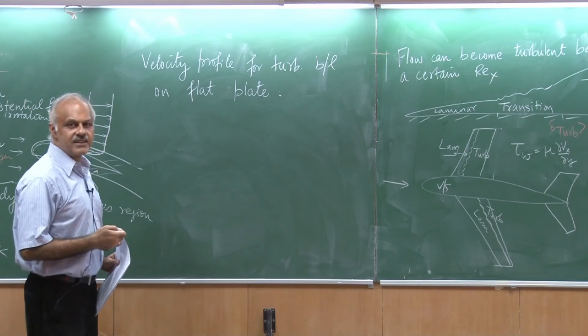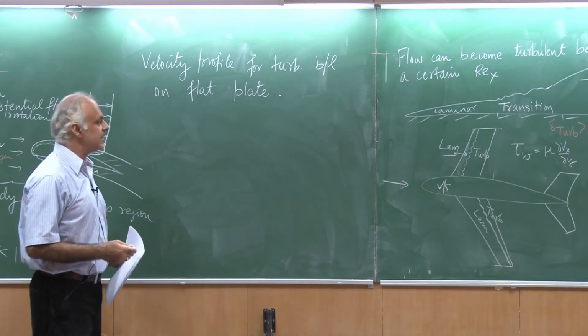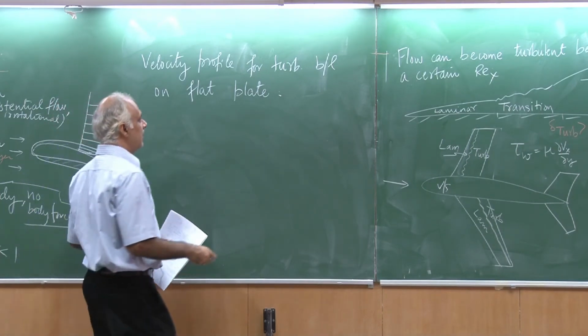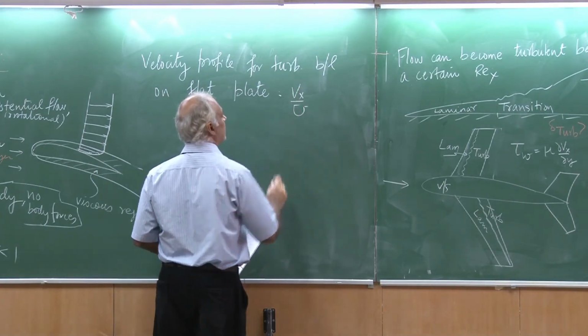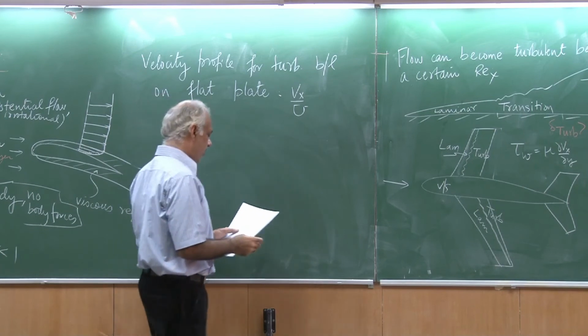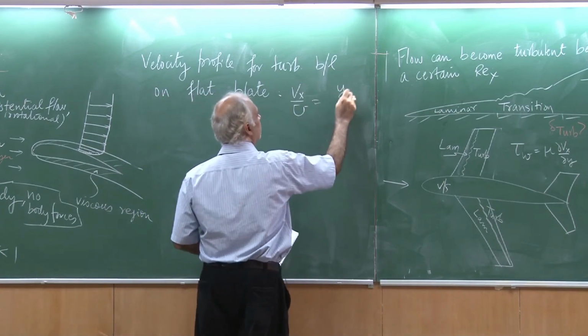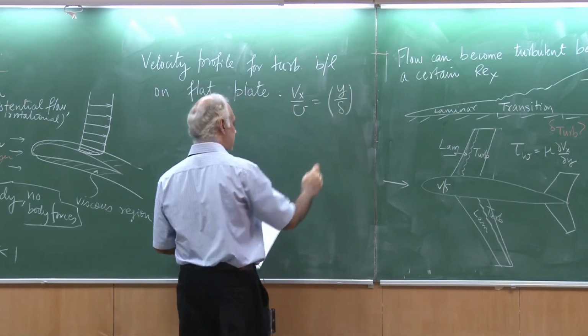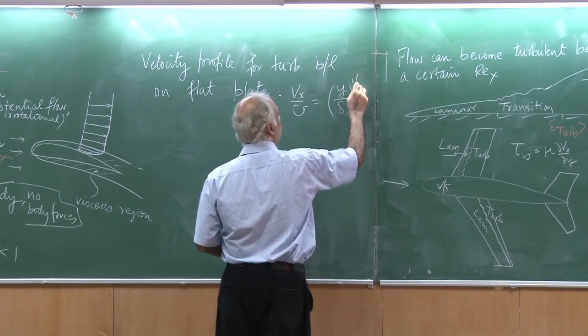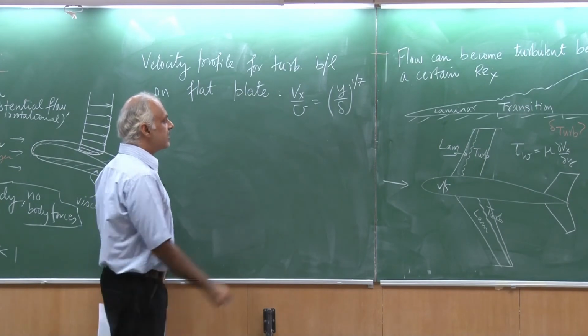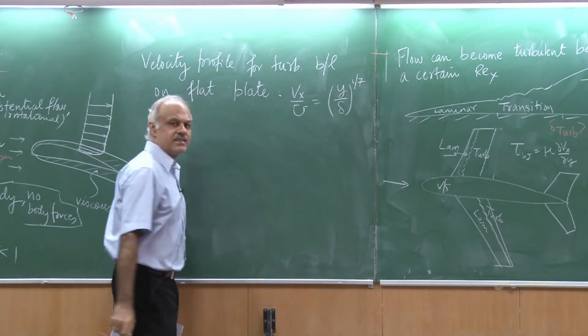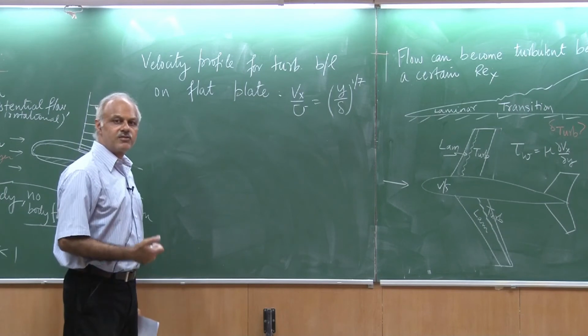Obviously, I am not deriving this, I am just giving you an expression just to expose you. So, typically it would be of this nature: Vx by u, that is the non-dimensional x velocity, would vary as y by delta raised to the power 1 by 7. And this exponent can actually change. It would depend on the roughness of the plate.